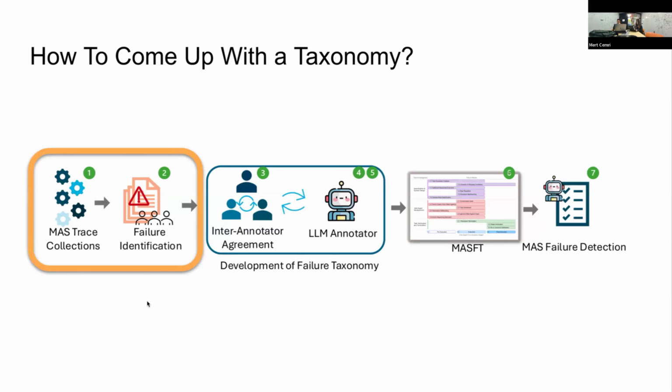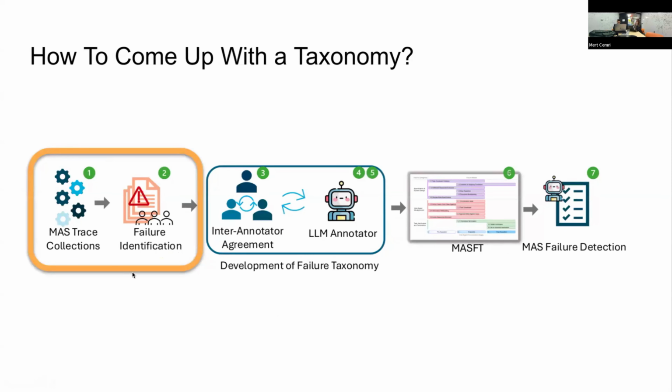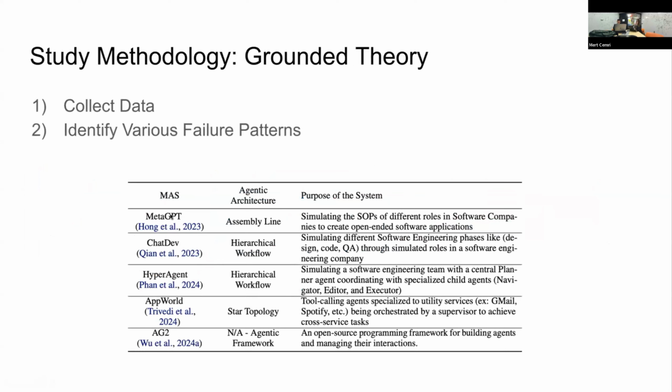And then we come up with an initial taxonomy. After collecting these traces, we identify failure patterns. And in order to do that, we use some principles from grounded theory, which we borrow from the social sciences to conduct how these taxonomies should be built in the first place.